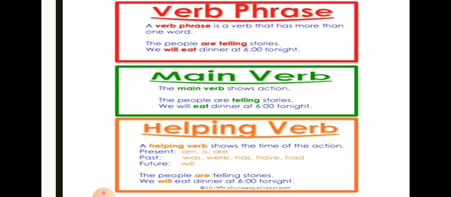In another sentence, we will eat dinner at 6 tonight. So likewise we have seen the main verbs are tell and eat in the earlier sentences. Here we have the helping verbs: in the people are, are is the helping verb, and will, the future helping verb, is another auxiliary or helping verb. We will eat dinner at 6 tonight.